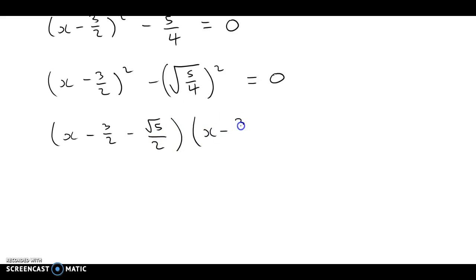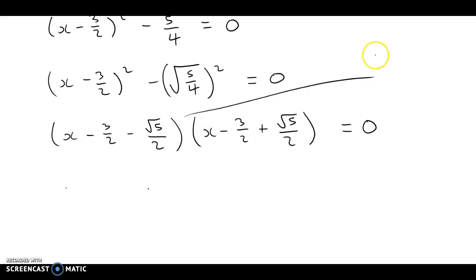And then x minus 3 on 2 plus root 5 over 2 equals 0. Now just to come back and explain why I used root 5 over 2 and how I got that from root 5 over 4, you'll recall that root 5 over 4 we can write as root 5 over root 4, which equals root 5 over 2.